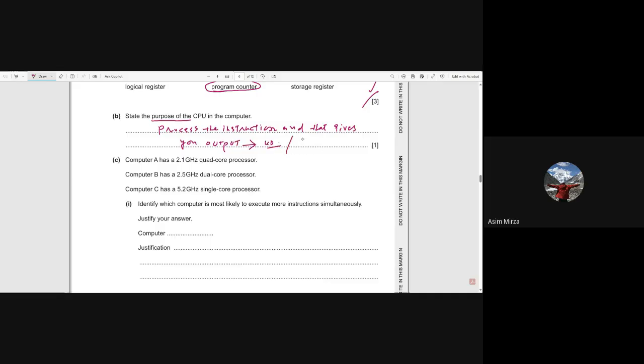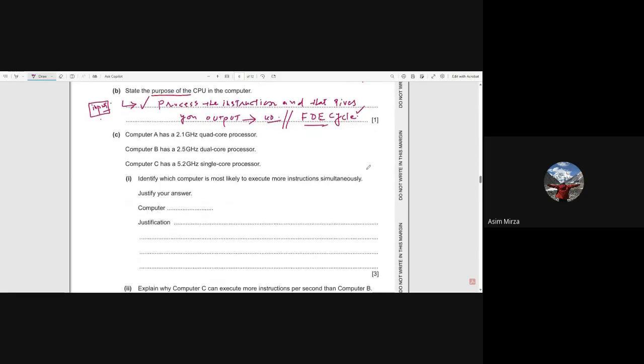Or we can say it performs a fetch, decode, execute cycle. That's okay too. Processing the instruction means it gets the data from an input device, that data is processed by the CPU, and later on it gives you a result on your LCD or LED. Or you can say that it performs an FDE cycle, fetch, decode, execute cycle.